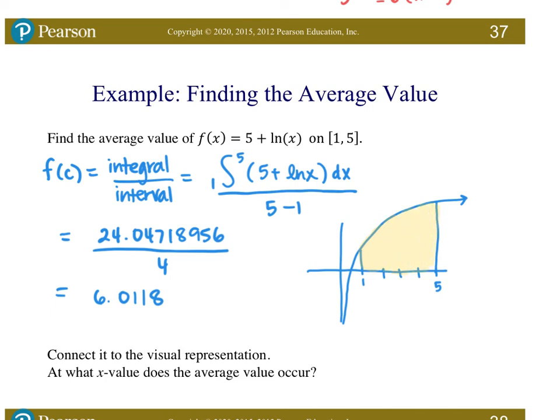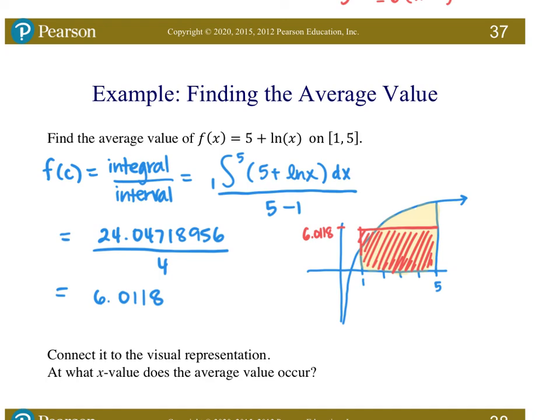And then if I go to 6.0118, and I do a rectangle that is that tall, this rectangle has the same area as the yellow.